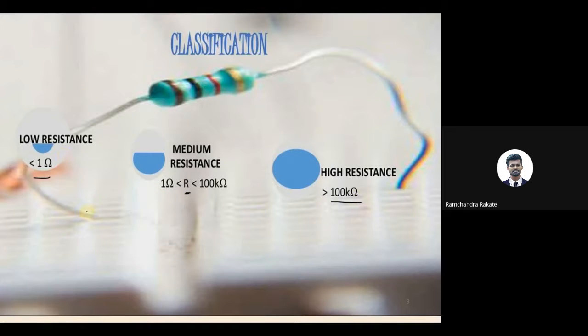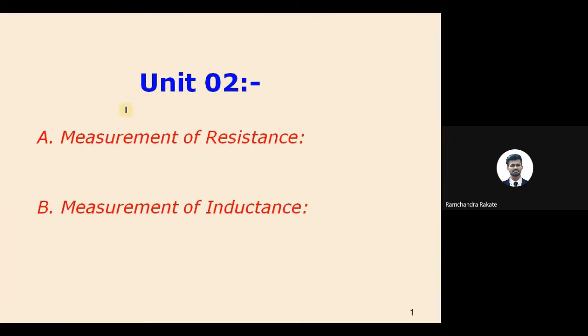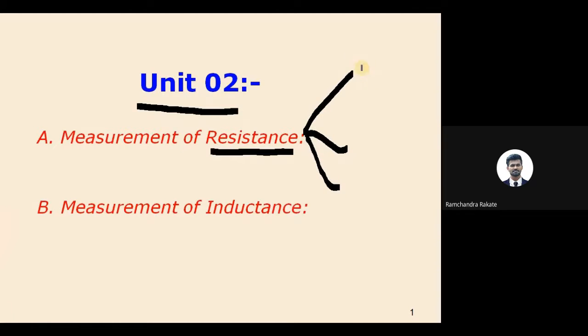Now you know this from your first year of engineering, all these types of scenarios, values of resistance, and all this concept. Based on that, our main aim is to look at the measurement of resistance. It has been classified into three types: low, then medium, and then high.